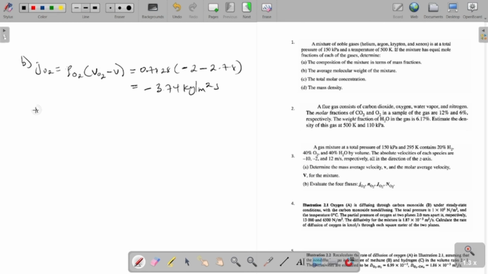Then we have the flux, right? The mass flux. So this mass flux is the density of oxygen multiplied by the velocity of oxygen.